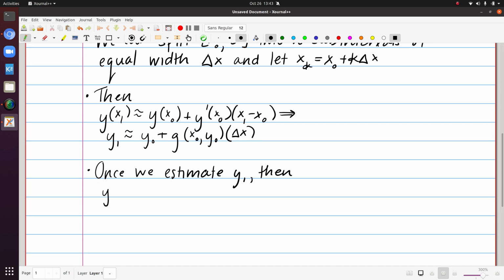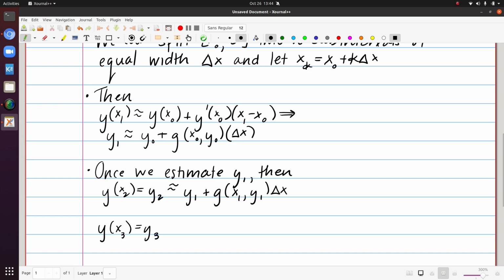So y of x2, which we're going to call y2, is approximately equal to y1 plus the derivative of y at x1, which we can call g of x1, y1, times delta x. And then next we can try to approximate the value of the function at x3. So I'm essentially jumping along the x-axis by these step sizes of delta x.